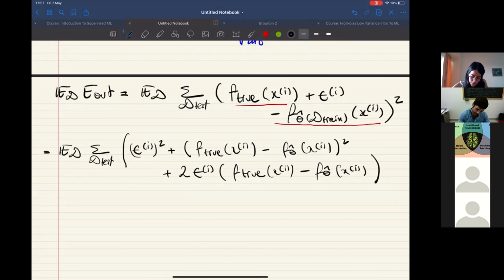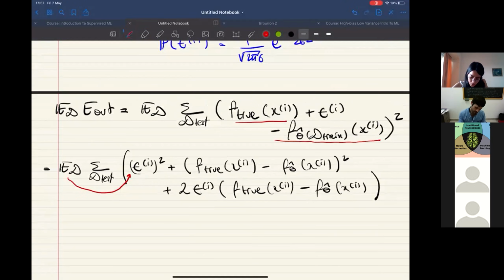Now I use the linearity of the expectation. This sum is a linear operation, and an expectation is a linear operation, so I can switch these two operations and put the expectation inside.